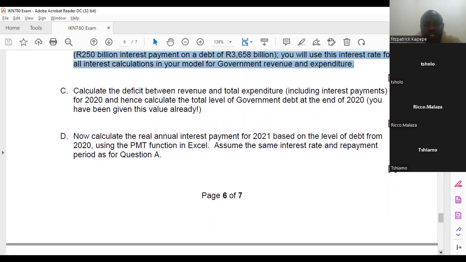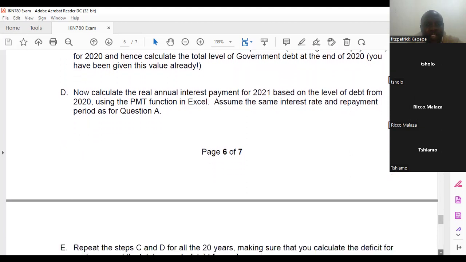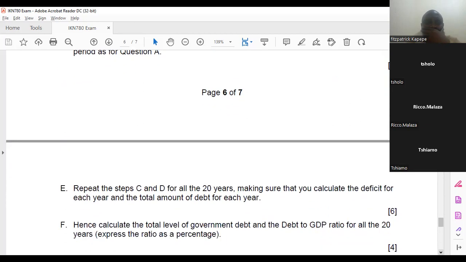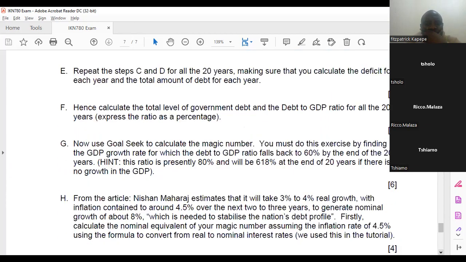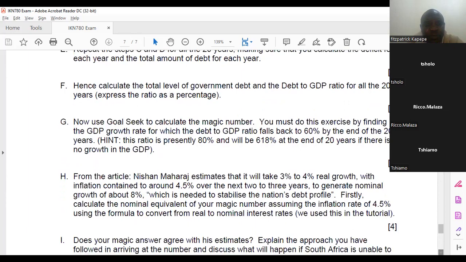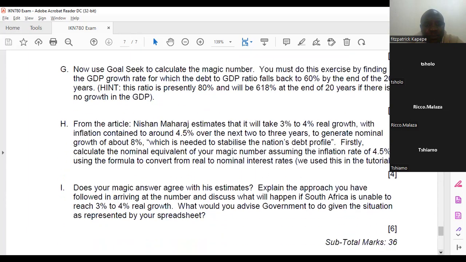Calculate the deficit between revenue and total expenditure, including interest payments for 2020, and hence calculate the total level of government debt at the end of 2020. You have been given this value already. Now calculate the real. So in short here, guys, there is no provision for paying principal.